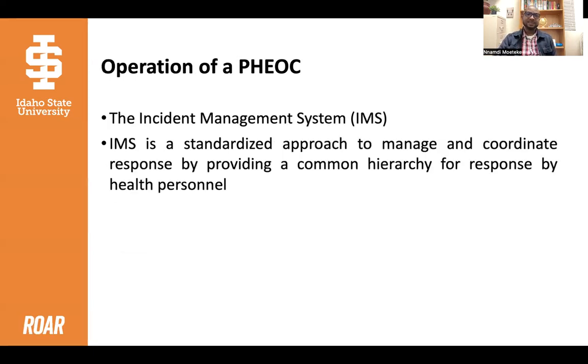The Public Health Emergency Operations Center uses the incident management system during public health emergencies. And incident management system is a standardized approach to managing and coordinating response by providing a common hierarchy for response by staff. We'll look more at these in a later unit of this module.